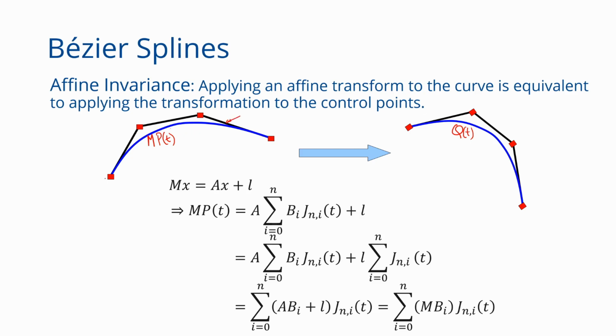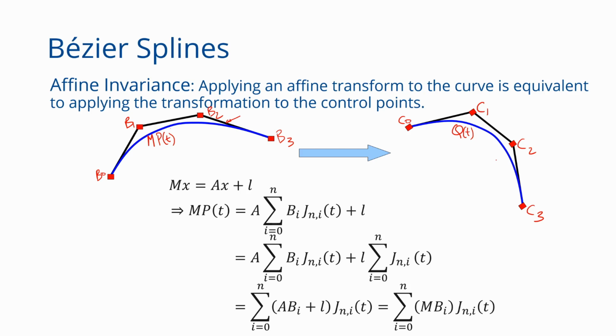If the control points here are B0, B1, B2, B3, and I affine transform each one of these control points to get the transformed control points C0, C1, C2, C3, and I generate the curve from C0, C1, C2, C3, then that will also be the same curve Q of t.